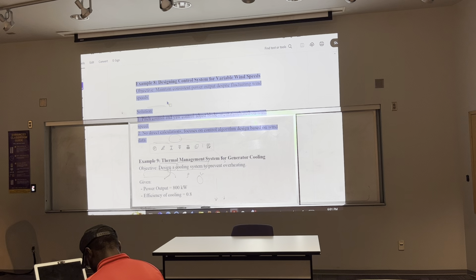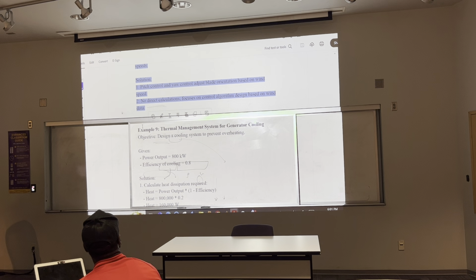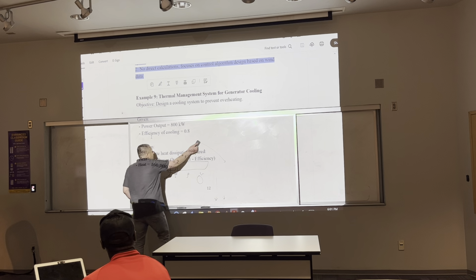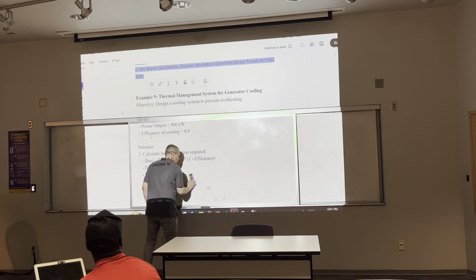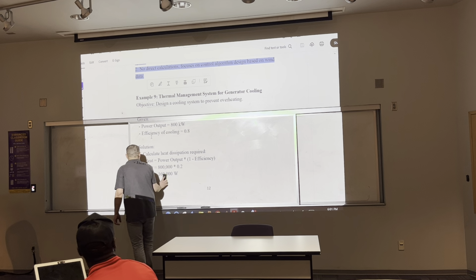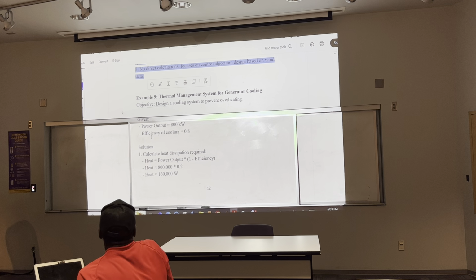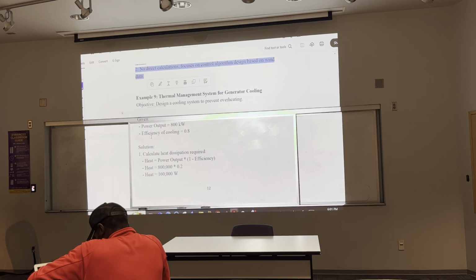Example 8 is not required; it is just explained. But example 9: design a cooling system to prevent overheat.